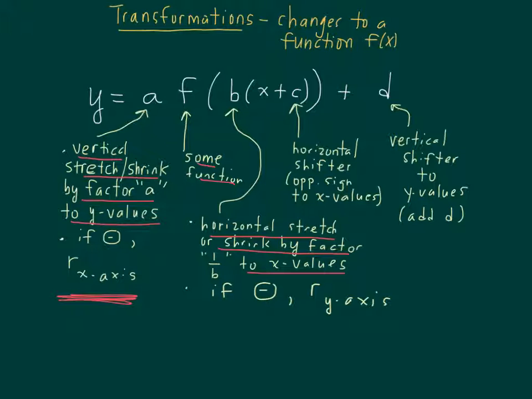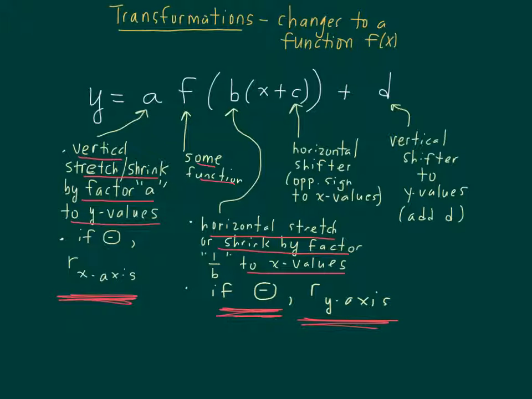If your b value is a 1/2, you would actually be doubling all of your x values. Okay, so the factor is 1 over b. If it's negative on the inside, then you have a reflection over the y-axis. So you're negating the x value in that case.